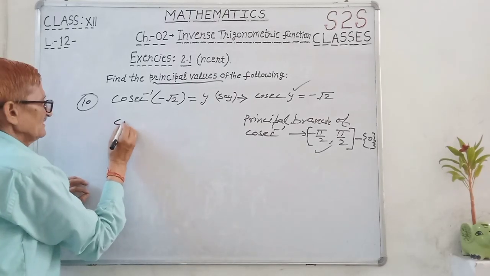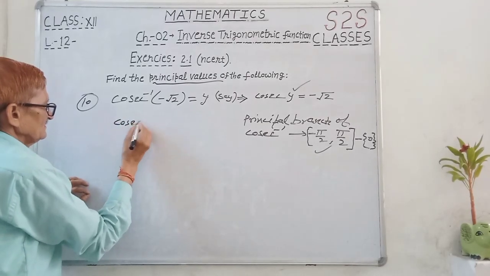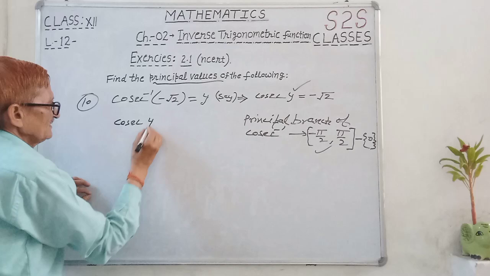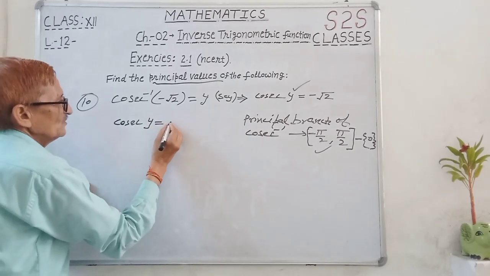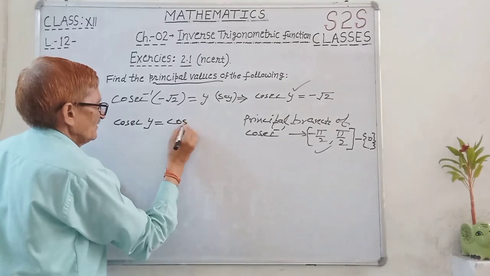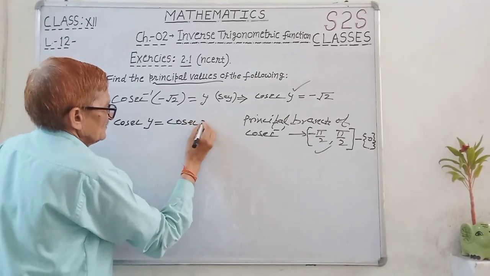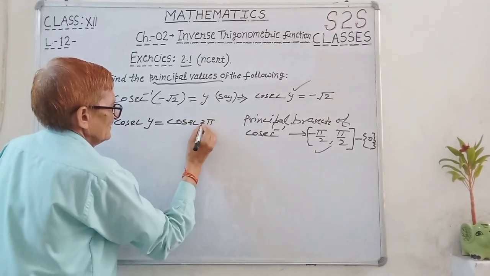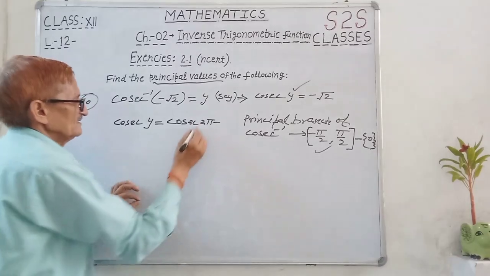So we should write it in fourth. Then we can say cosec y is equal to cosec of 2 pi minus theta.